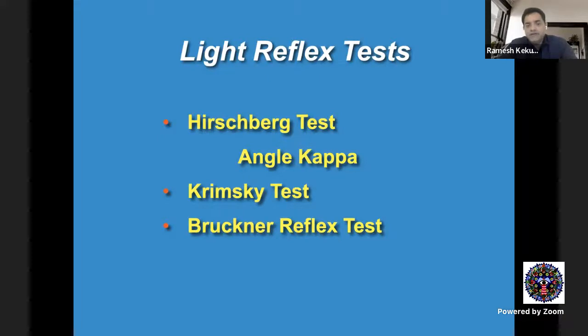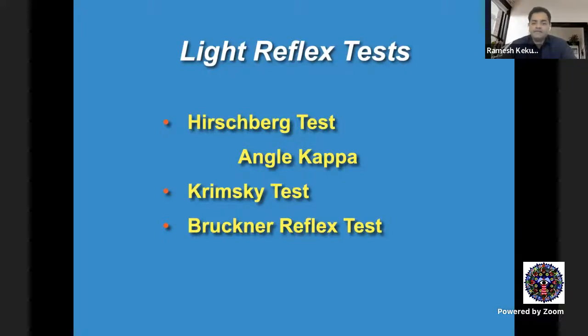In strabismus evaluation, with the Hirschberg test, you can also look at the angle kappa, how it is seen, because that is a part which can be seen in the Hirschberg reflex test. But when you do a cover test, you may not have anything. So positive and negative angle kappa is very important.